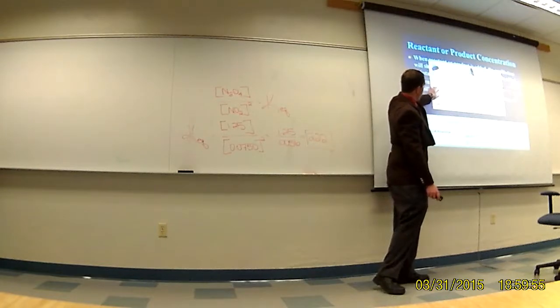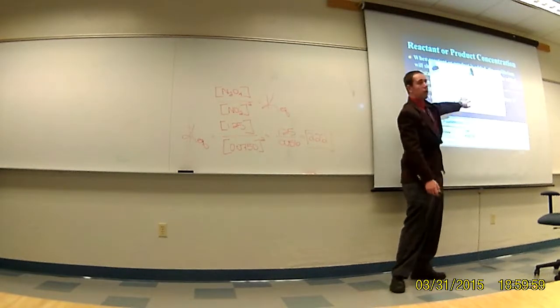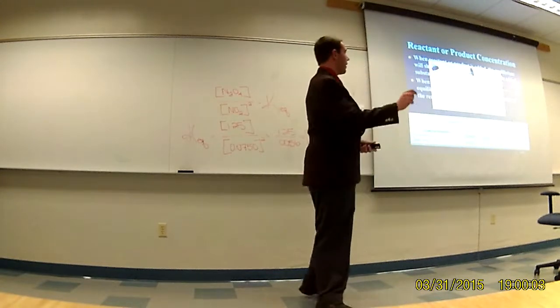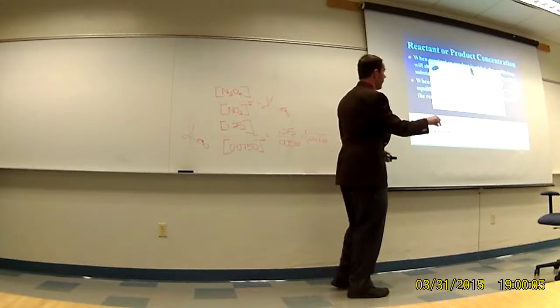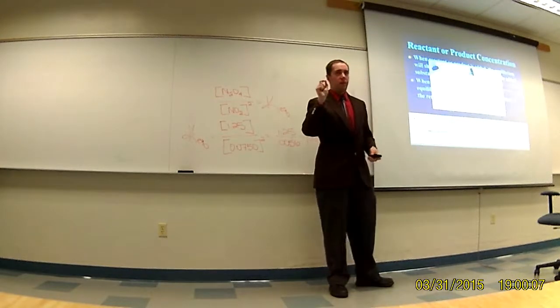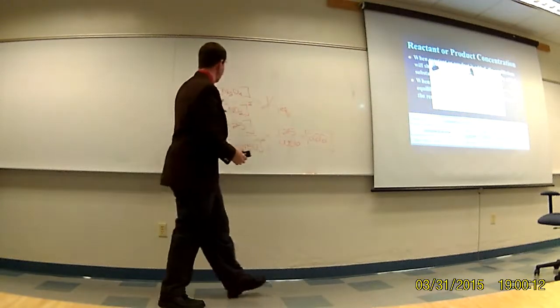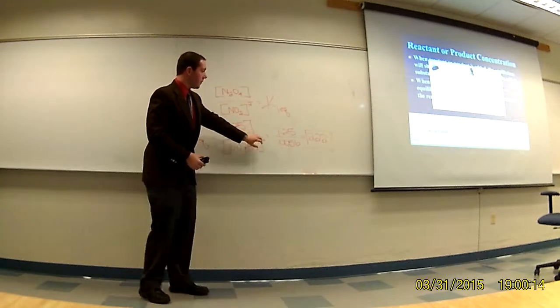Here's a reaction where we have yellow molecules and green molecules, and they're at equilibrium. If we're able to take an eyedropper, go in there and take out some of the yellow molecules, all of a sudden we're not at equilibrium anymore. We have our equation, we're at equilibrium.